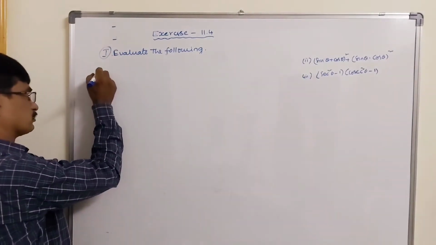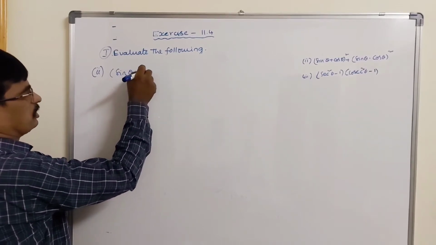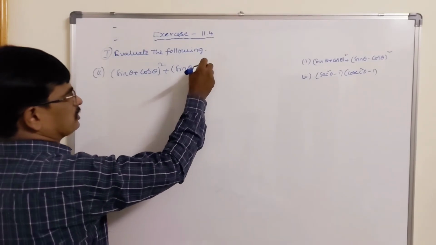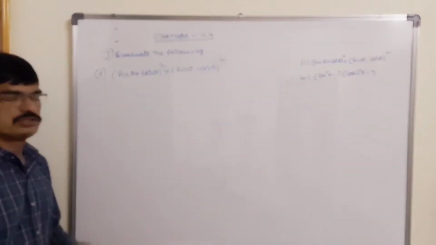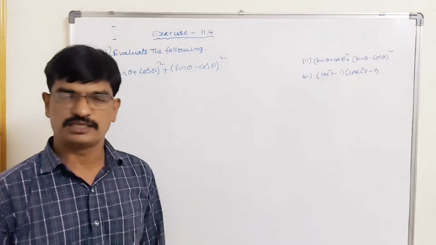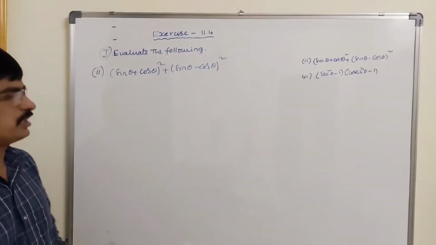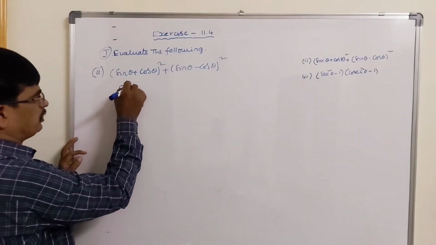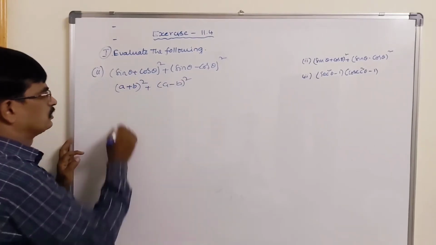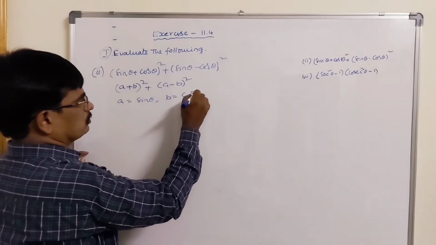Now the second question: (sin theta plus cos theta) whole square plus (sin theta minus cos theta) whole square. We can solve this sum in two methods: by using the algebraic identity directly, or by expanding. It is in the form of (a plus b) whole square plus (a minus b) whole square, where a is sin theta and b is cos theta.